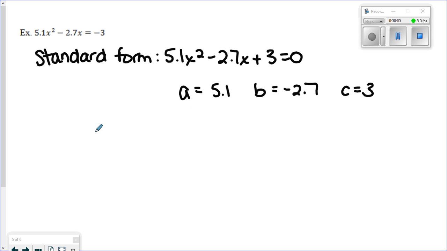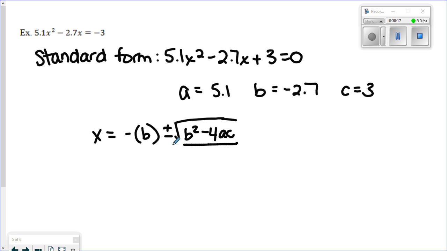So substituting into our quadratic formula. Again, you don't need to memorize it, but you're going to write it a lot the first couple of times that you might actually start to memorize it.